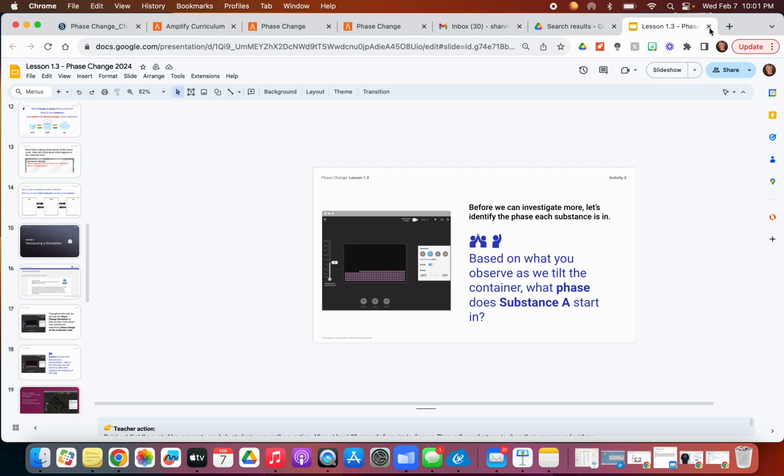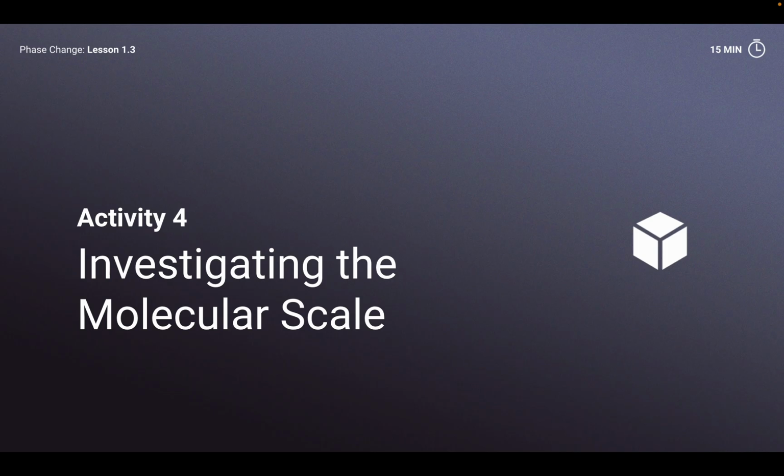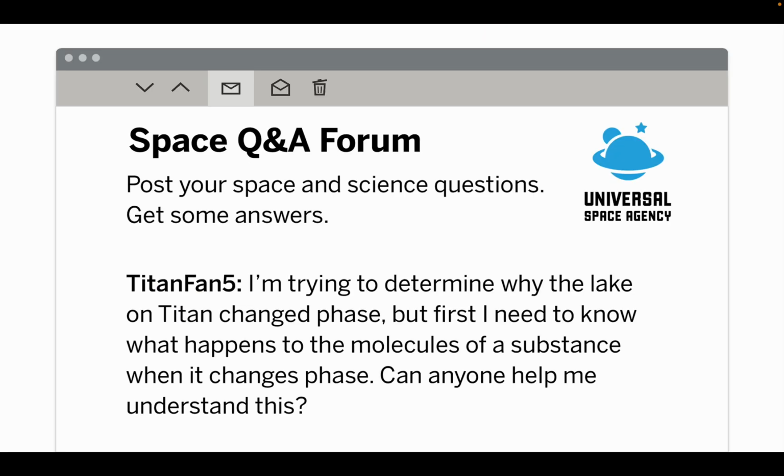Okay, let's come on back. And I want to continue with our simulations. All right, so we identified B and C. And now I want you to work through activity number 4, investigating the molecular scale. You know how sometimes on different websites they'll have forum questions so people can just ask a question, and then other people who are members of that forum will give an answer.